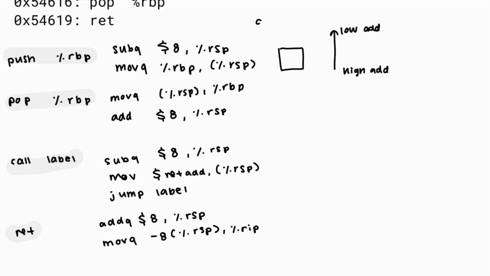If we have 0x0 up here and we have 0x32 here, and our RSP is right here, if we want to make more space on the stack, we have to subtract 8 from RSP. So we're going towards that lower address over there.